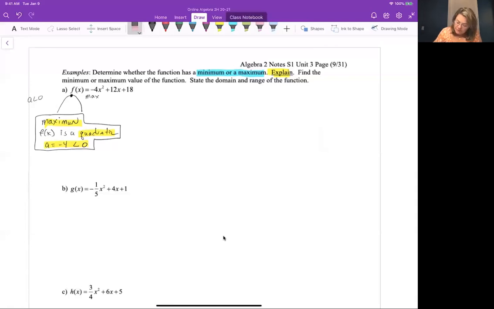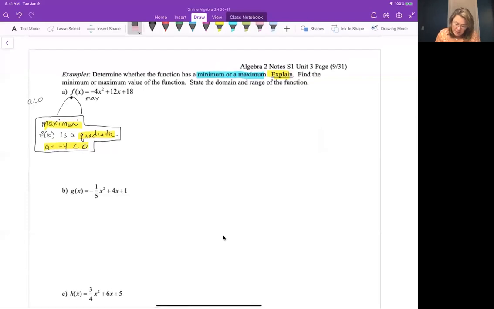All right, continuing on. Find the minimum or the maximum value of the function and state the domain and range. Find the minimum or maximum value of the function, which is your output, your y value. Okay, so here, what do we have to do? Well, we got to find the vertex, which is negative b over 2a.